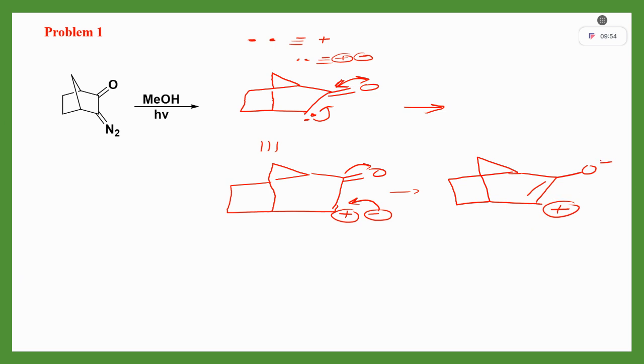Now what will happen? The negative charge will come back and this bond, I am highlighting this bond, will migrate here. Okay? And it will result in the formation of your ketene.